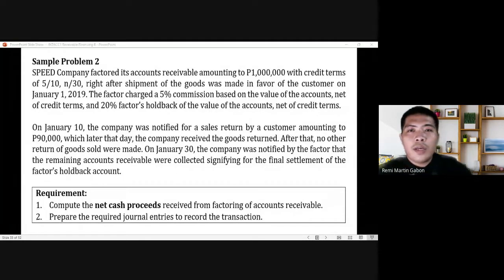Ay, hala, hindi naaalala ang basic accounting. Doon sa merchandising nyo, yung nag-prepare tayo ng mga journal entries.